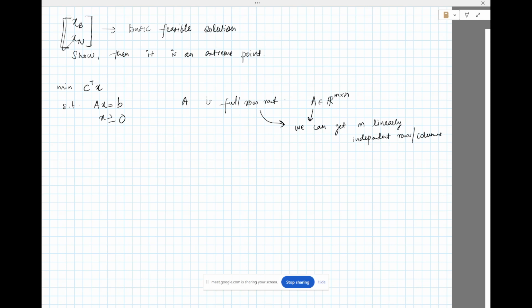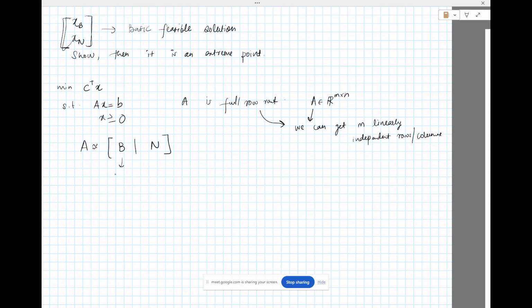Yeah. So that means we can separate A in some form, [B N].